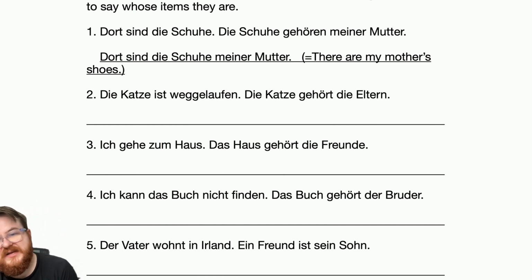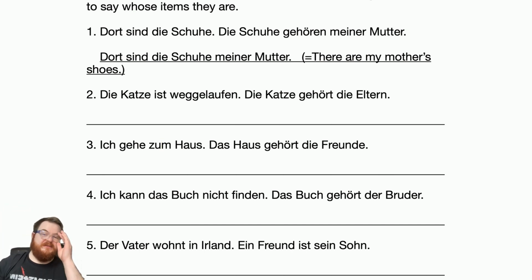Nummer 4. Ich kann das Buch nicht finden. Das Buch gehört der Bruder. I can't find the book. The book belongs to the brother. So the complete sentence would be, I can't find the brother's book. 5. Der Vater wohnt in Irland. Ein Freund ist sein Sohn. The father lives in Ireland.